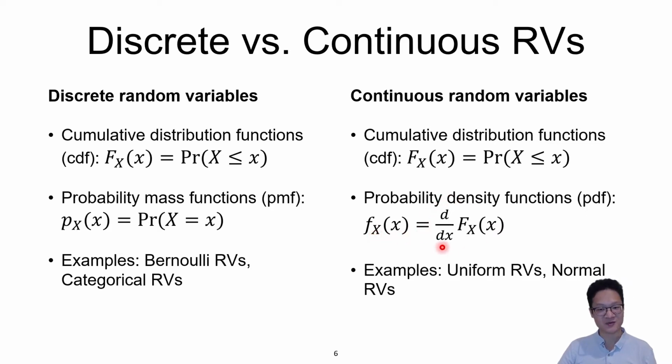This actually just means the derivative of the cumulative distribution function. Some common discrete random variables are Bernoulli random variables and categorical random variables. And some common continuous random variables are uniform random variables and normal random variables, sometimes called Gaussian random variables.